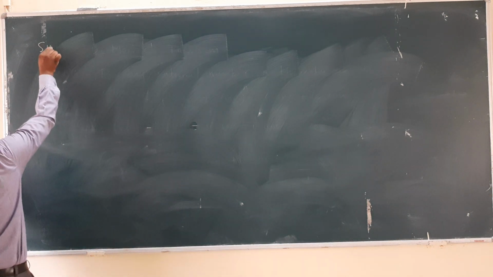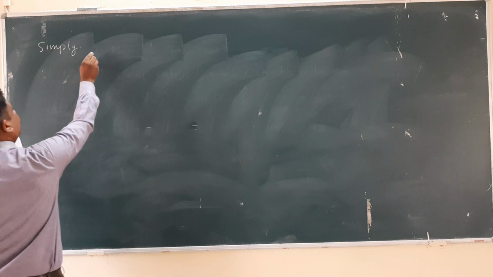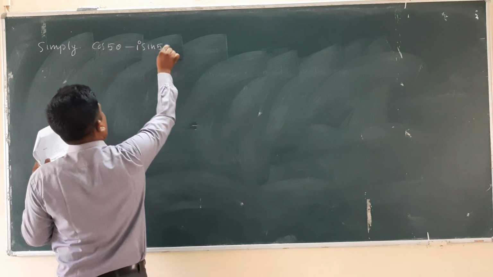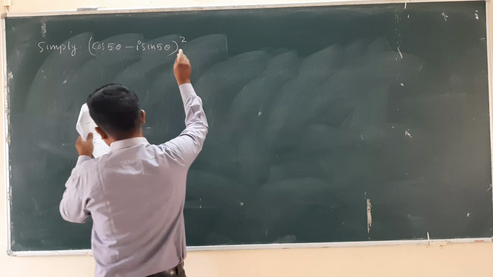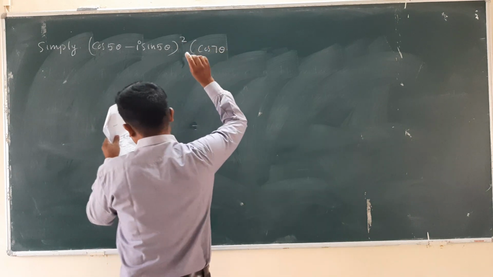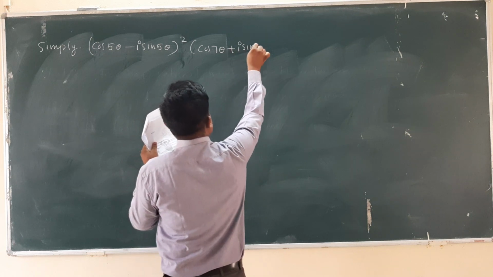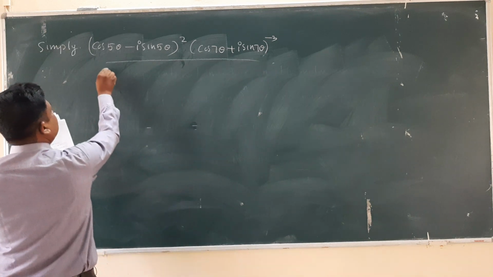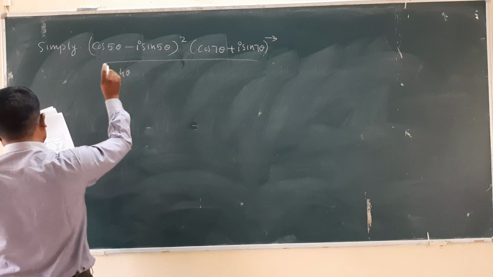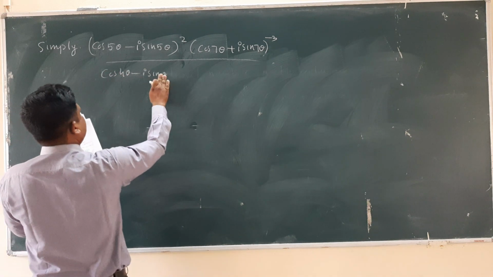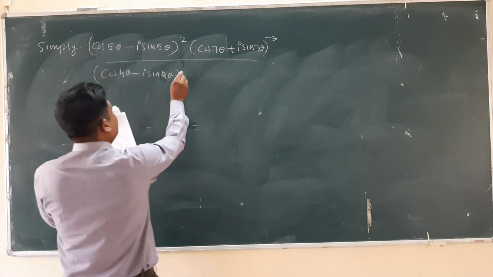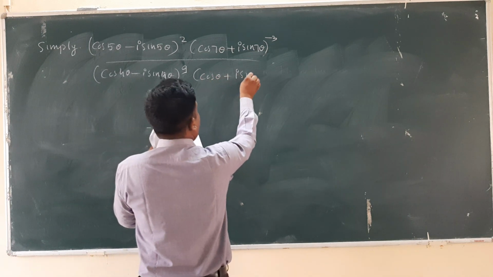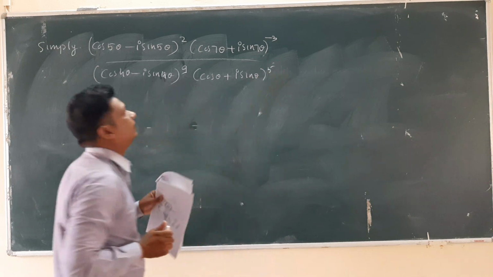Simplify: (cos 5 theta minus i sin 5 theta) raised to 2, into (cos 7 theta plus i sin 7 theta) raised to minus 3, whole divided by (cos 4 theta minus i sin 4 theta) raised to 9, (cos theta plus i sin theta) to the power of 5.